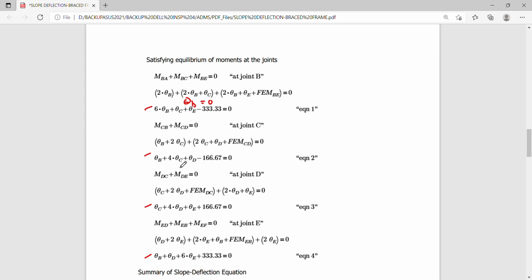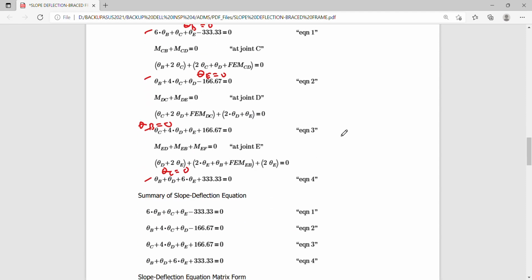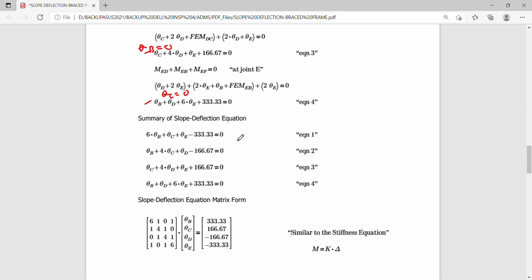So theta B, theta C, theta D, theta E is 0 here. Okay, so here theta C, theta D, theta B is 0 here. And here theta B, theta D, this theta C is 0 here. Okay, so these are now the 4 equations, and we can solve it readily. Summarize in here.